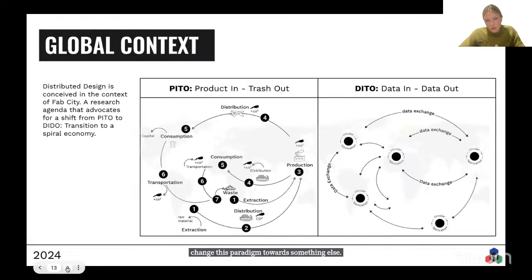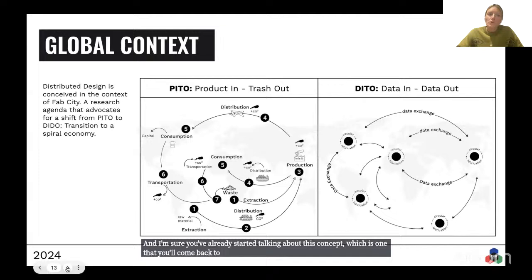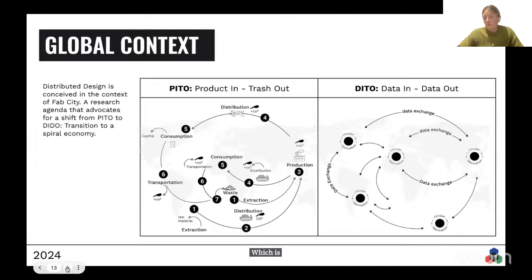And I'm sure you've already started talking about this concept, which is one that you'll come back to multiple times, which is the concept of what I talked about first, this idea of the extractive economy, one in which product goes in and trash comes out. The distribution of raw materials is a global distribution channel.